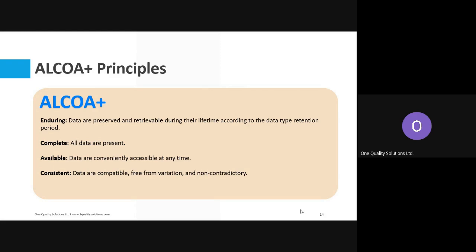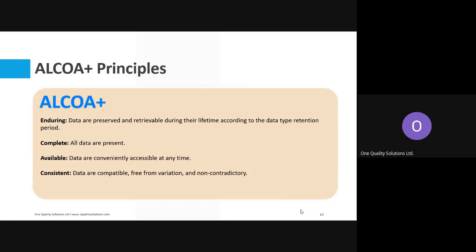And complete. Complete means in the document we need to fill up all the spaces and blank forms. We cannot keep any blank space unfilled. If there is any blank space after completing your data, the blank space needs to be crossed out.